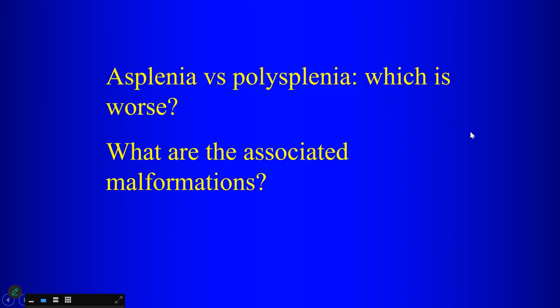Okay? Now, if we're talking about asplenia versus polysplenia, which is worse? Well, look, if you had a choice between having too many spleens or not having any, right?